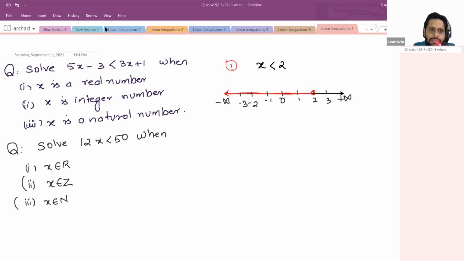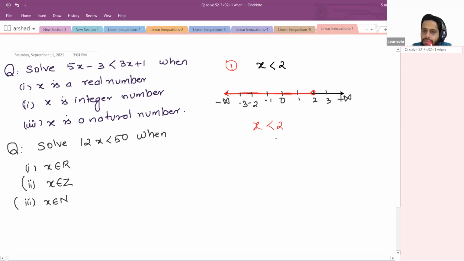Okay, so second is X is an integer. Okay, X is an integer and we are getting this. So we will solve this inequation. We get this X is less than 2. Now the question is X is an integer.